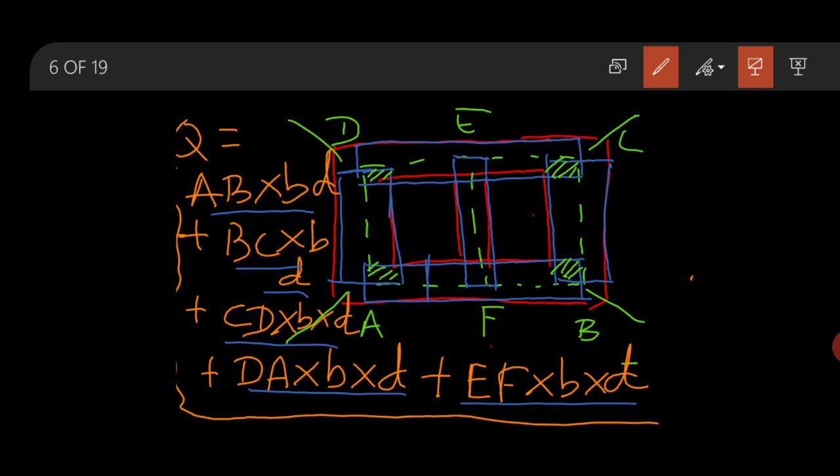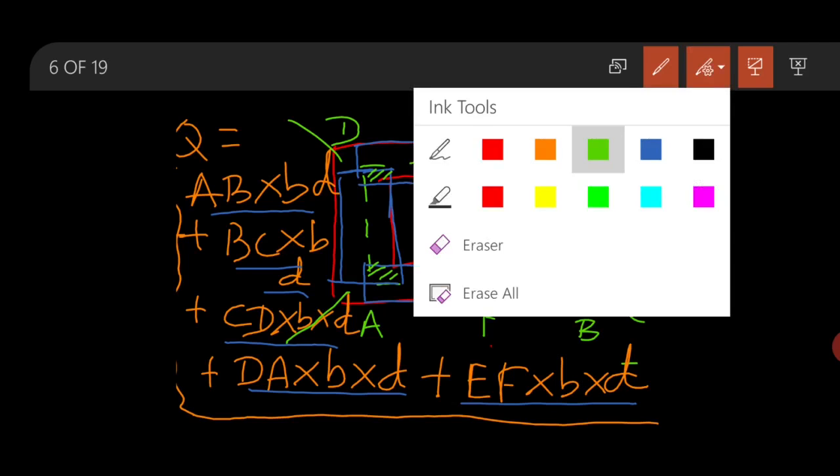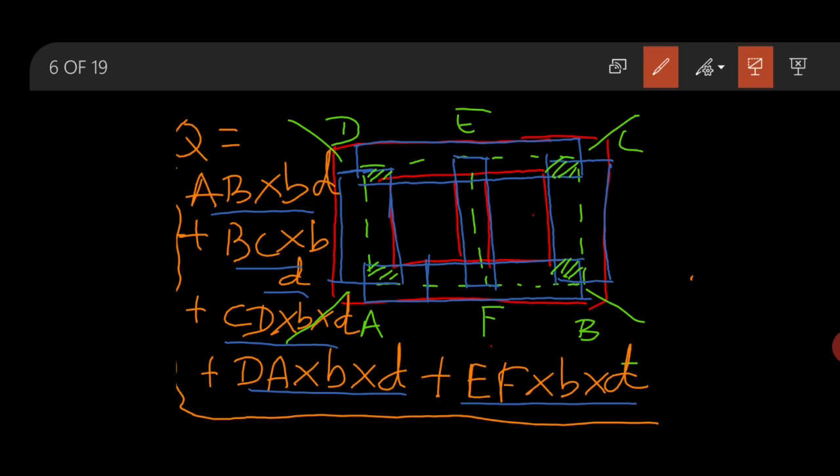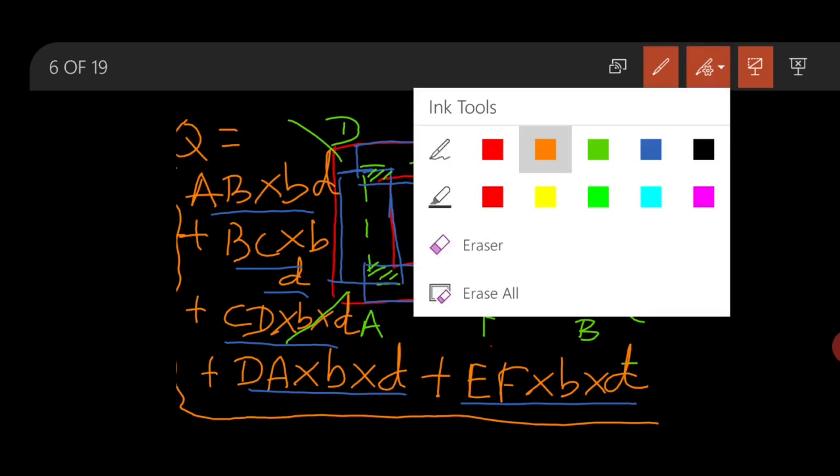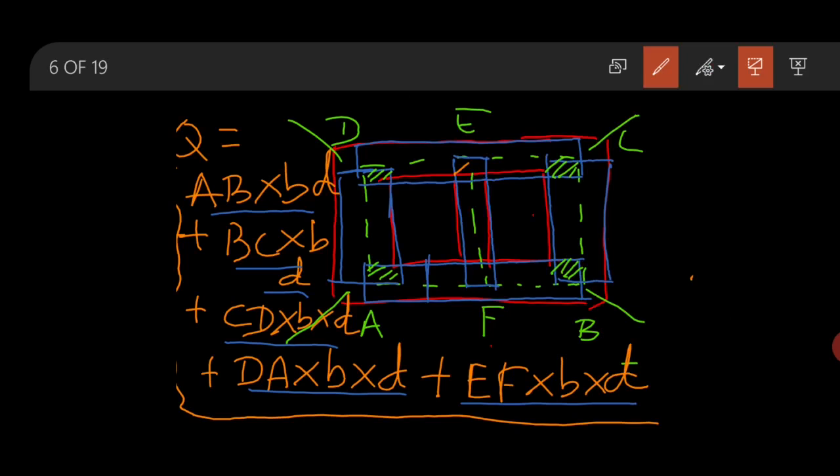But there is some other portion which is also coming twice. That is the EF wall. See, this portion and this portion: on this side it is common to EF and CD, on this side it is common to EF and AB.